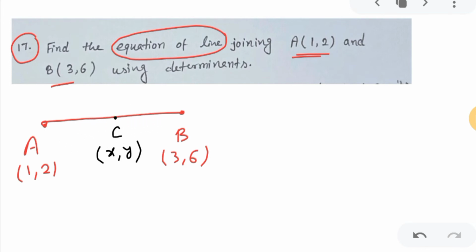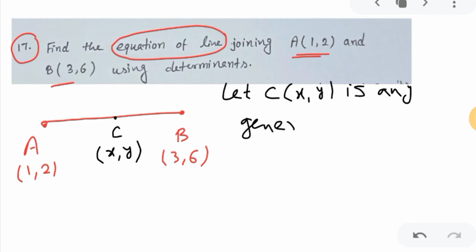We studied this concept also. You can write: let x, y be any general point on the line AB.